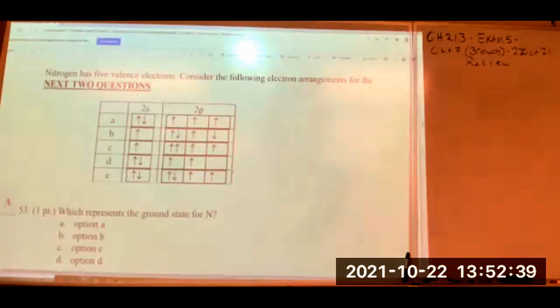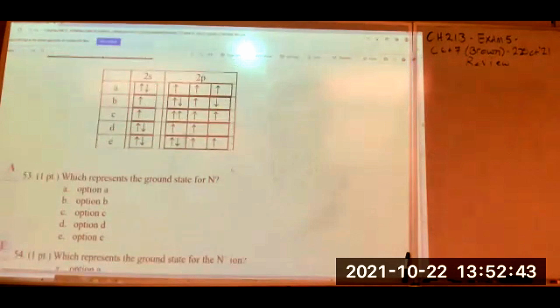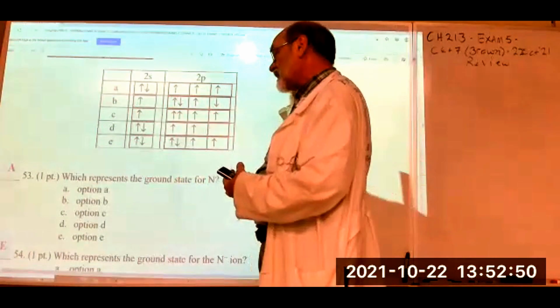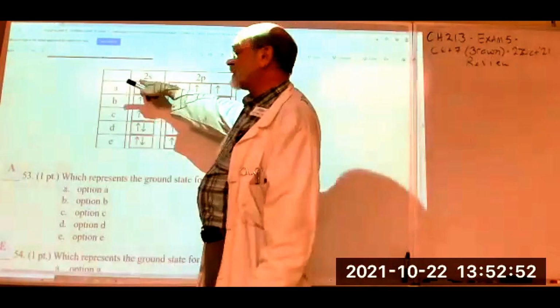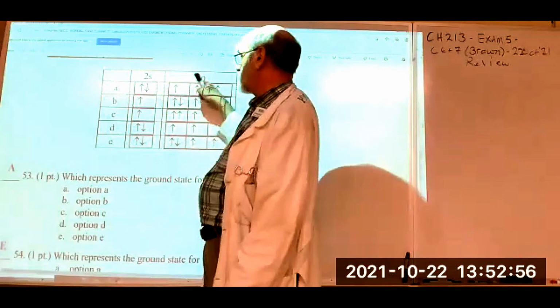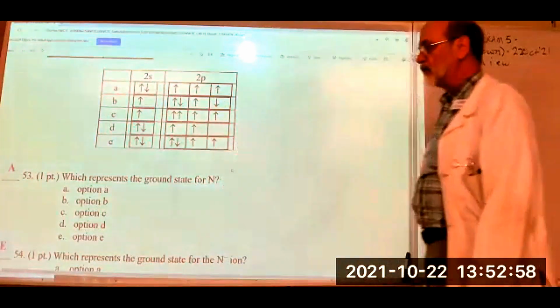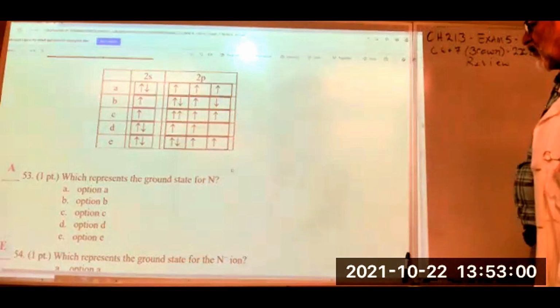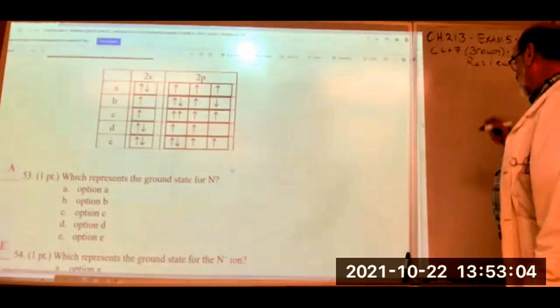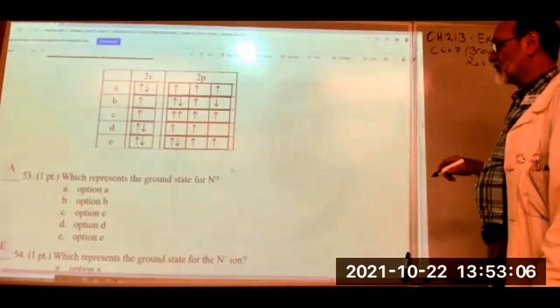Here we go. Consider the following electron arrangements for the next 2 questions. So there we go. These structures, of course, they left out the 1s electrons. They're only talking about the principal quantum number 2, which represents the ground state of nitrogen. So if we're only talking about 2, 1s is already filled, of course.